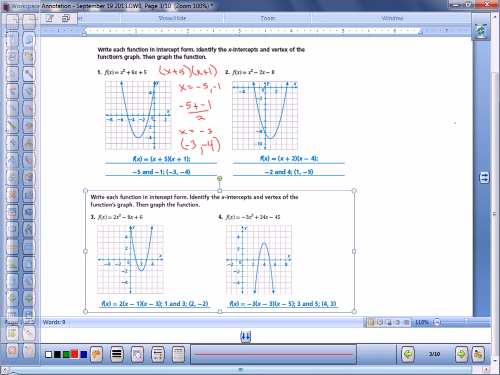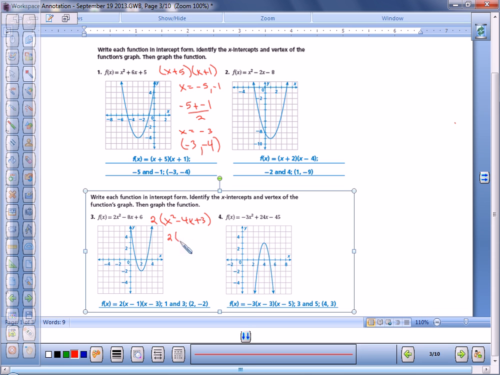Yes, ma'am. Okay, so how did you get the coefficients outside the parentheses? Like, I have those numbers inside. Okay, when we factor, our first rule is to look for a GCF. And if we have one, it should always be factored out first. So in this problem, since there's a common factor of 2, we can factor that out first, and that leaves us x squared minus 4x plus 3.